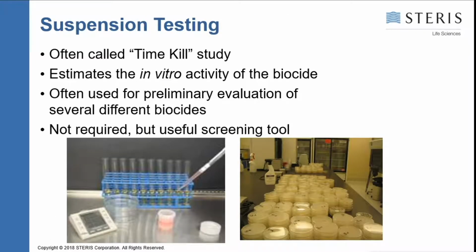So for suspension studies, these are really what we call time kill studies. So it's basically you would have serial dilutions you're doing. And with that time kill study, you're going to be looking to make sure that you can kill the microorganism and in what time frame. So you will set it up through serial dilutions at different time points. Maybe it's 1 minute, 5 minutes, 10 minutes, and 15 minutes, and see at what time point you can kill the microbe.